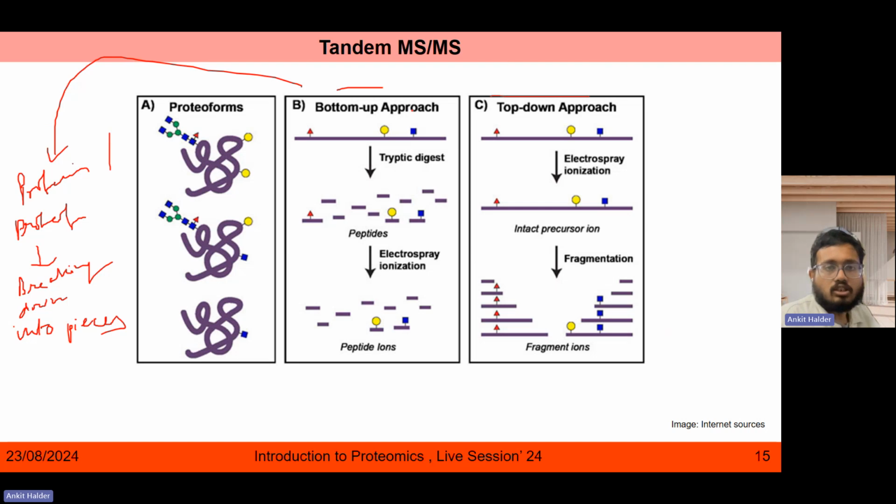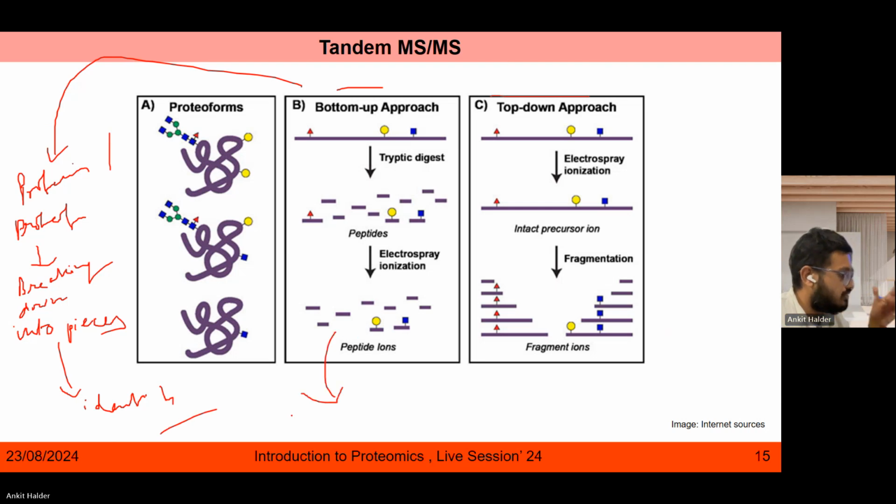Then we are identifying particular peptides, and finally we are piecing it back with the protein, aligning it with the protein to which it belongs. So that's why it is known as the bottom up approach.